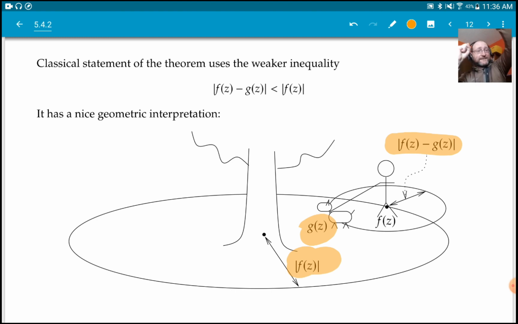You're keeping it always, you're further away from the tree than how far your dog is from you, right? And so basically Rouché's theorem says if you walked around the tree 3 times, your dog walked around the tree 3 times. That's basically one of the proofs of Rouché's theorem, right? The visual proof of Rouché's theorem.